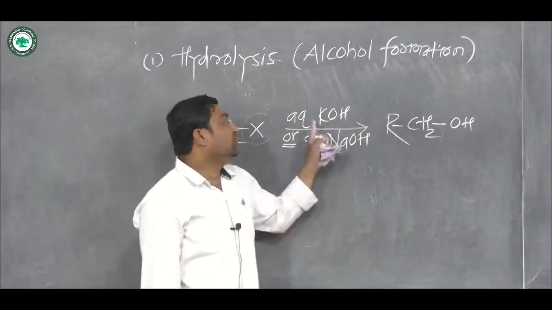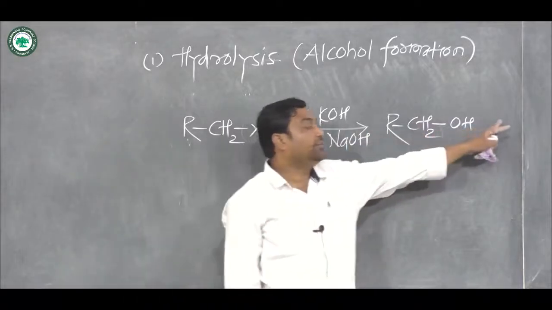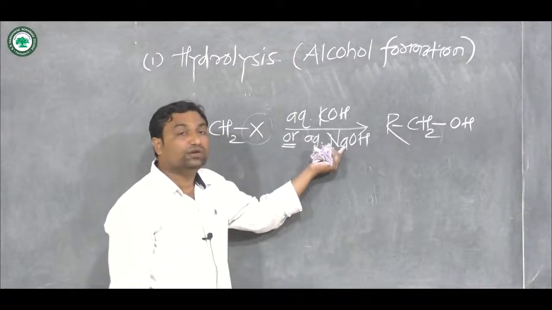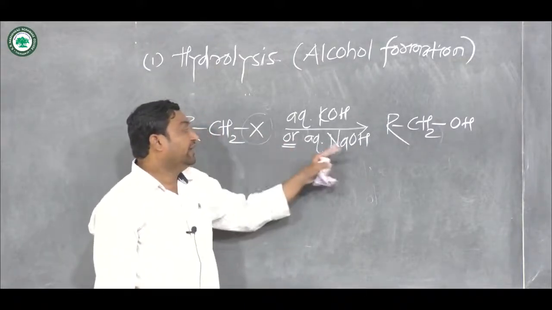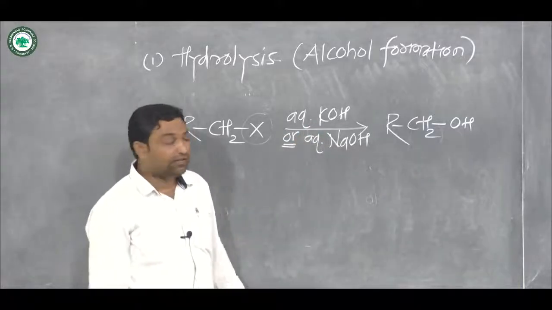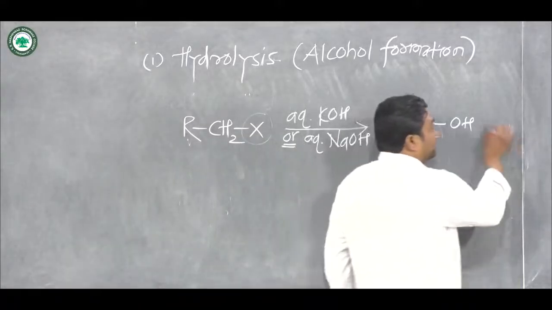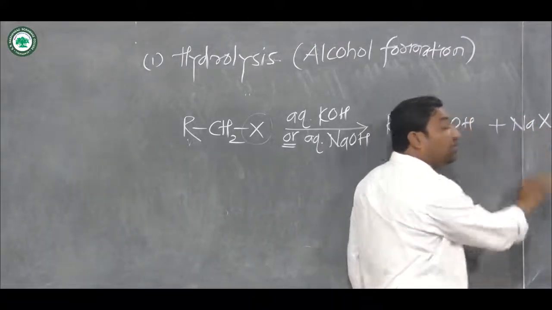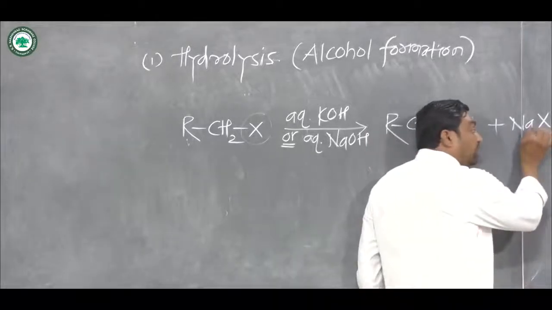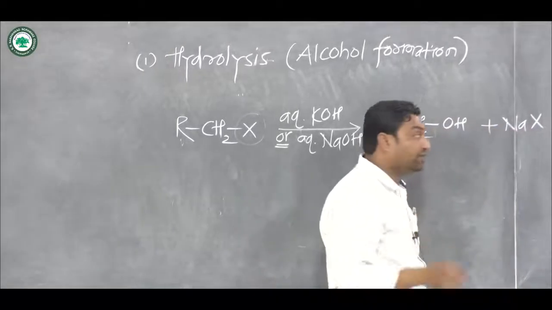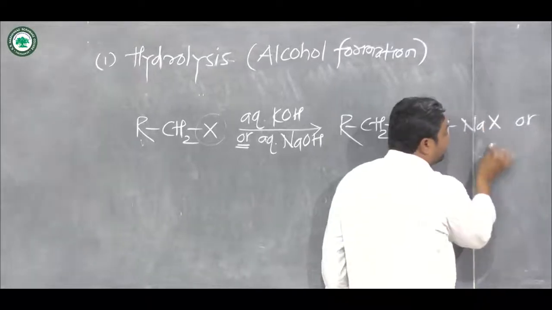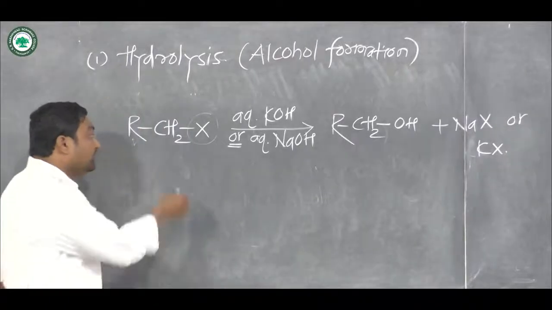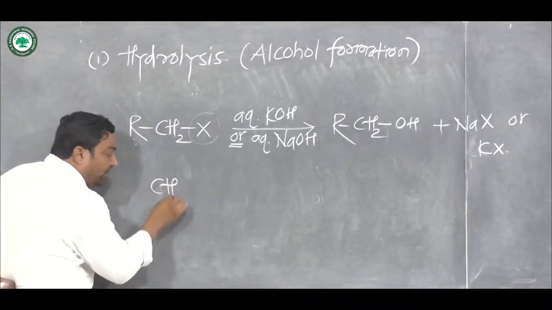If we use KOH, we obtain KX along with it, and if we use NaOH as the alkali solution, then we obtain NaX as a further product.